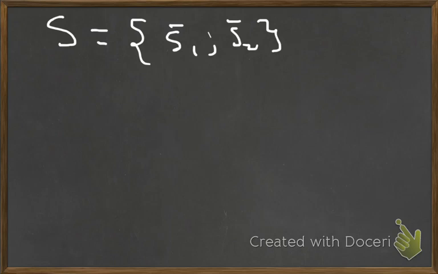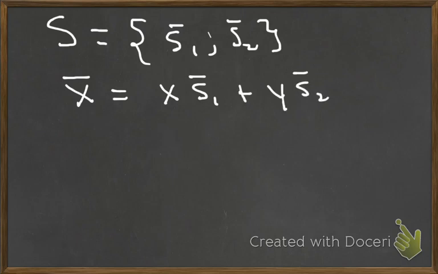And let's assume we want to rewrite whatever our vector is. If we had a generic vector, x would be equal to some x times S1 plus y times S2. And this vector would then be denoted as (x, y), and those are the coordinates in terms of our standard basis S.